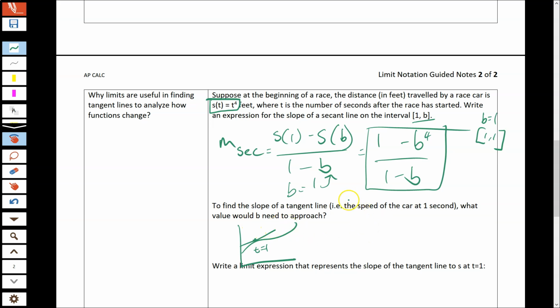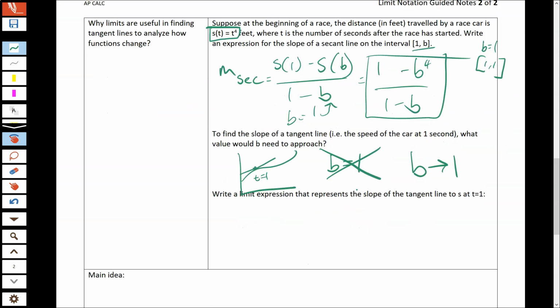But what we can do is, instead of saying b equals 1, we can't say that because we can't plug it in, but we can say we're going to make b approach 1. Okay, so we have this expression for slope, and then we're going to look at what happens with that expression as b gets closer and closer to 1. So here is our limit notation.